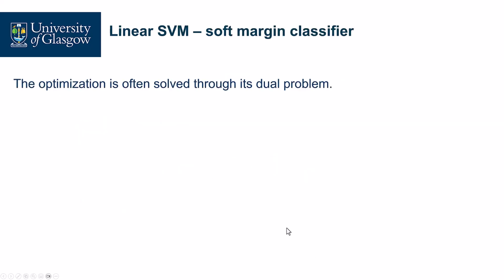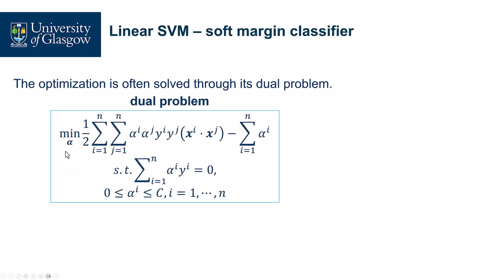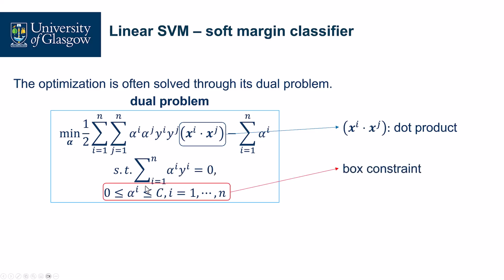Now we will solve the dual problem. Here we can see this is a dot product. Besides this constraint, the sum of alpha i times yi is 0. There's another constraint: we have the range of the alpha i, the decision variable, from 0 to c.